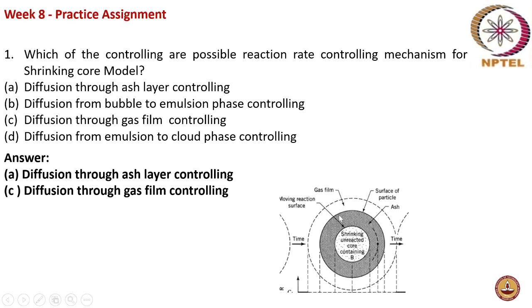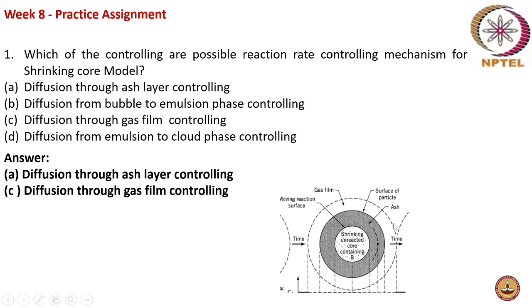As the reaction proceeds, an ash layer forms, which has some inerts and also products. So there will be a gas film followed by an ash layer and then the unreacted core. From the given options, two can form the rate controlling mechanism.